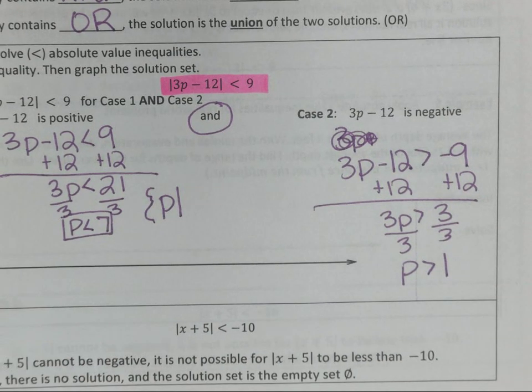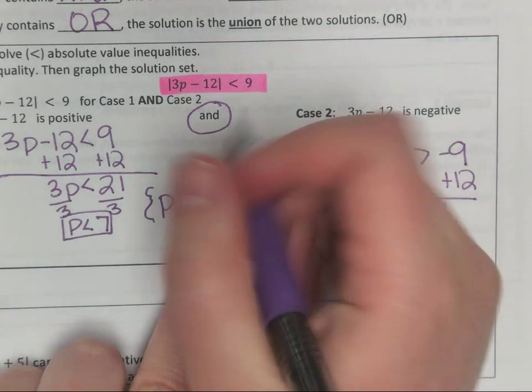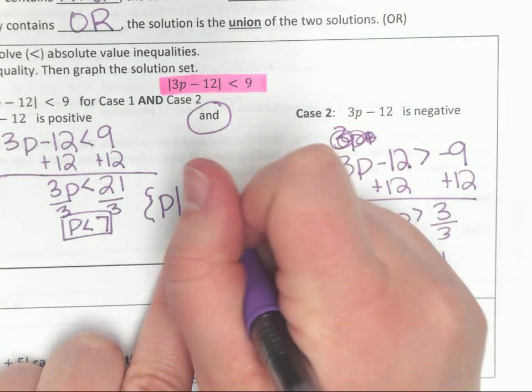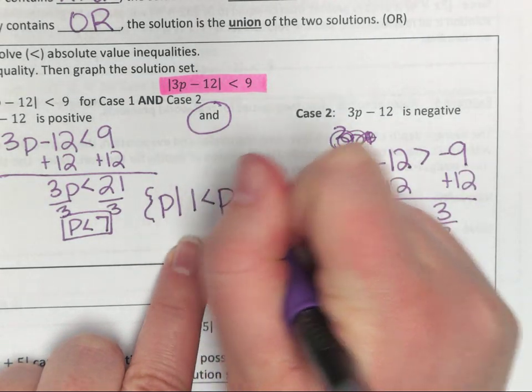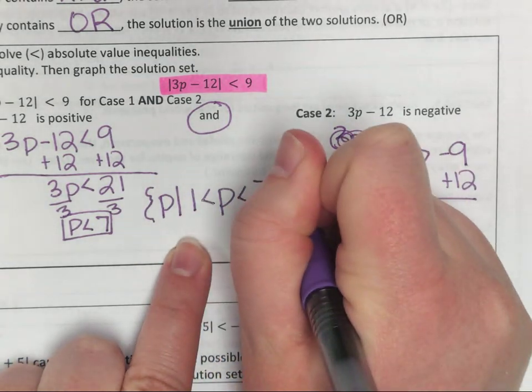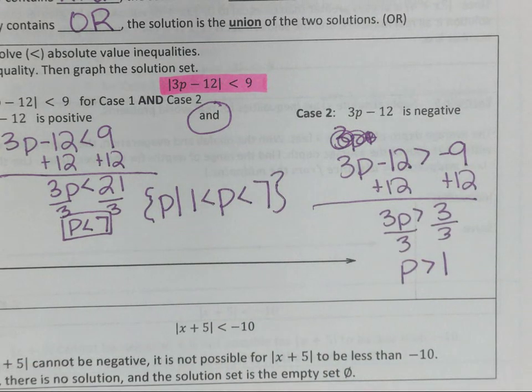Do y'all want to do the two separate ones inside, or do y'all want to make it the one long one? One long one? Okay. So I'm going to start with the lowest number. So 1 is going to be less than P, which is less than 7. And I'm glad y'all know what I was talking about when I said the two separate or the one long one.